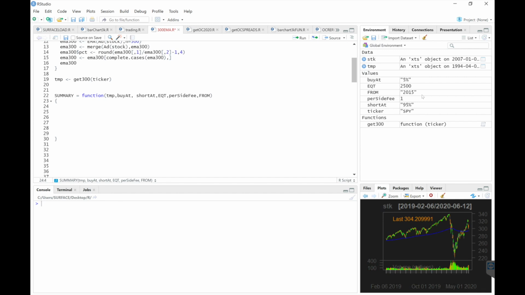Alright, since we're starting from 2015, I'm going to subset our data. To do that, I'll just write temp, paste 0, put in from here. So now it starts at 2015.